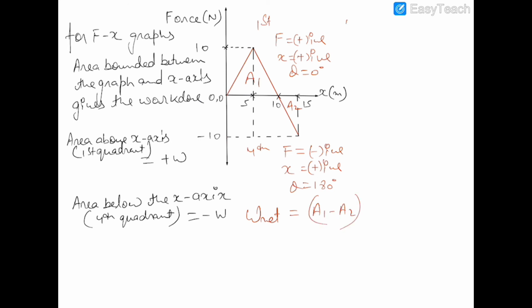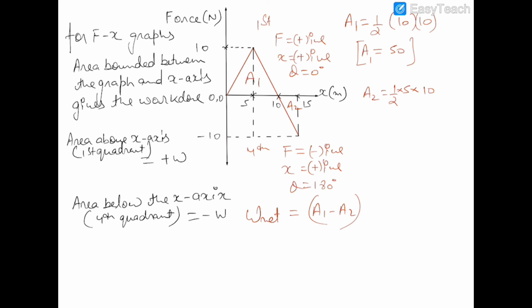So A1 is equal to half base into height. Base is 10 and height is 10. So the area will be equal to 50, and this A2 will be equal to half base into height. Now base is 5 and height is 10.